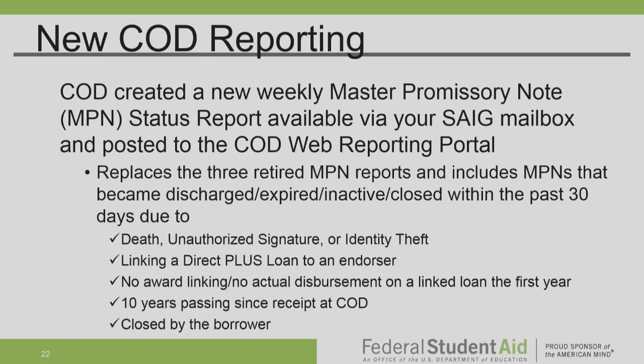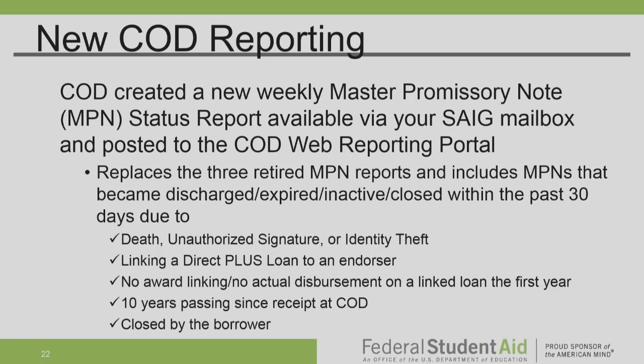Death or unauthorized signatures or identity theft, linking a direct plus loan to an endorser, that makes that MPN a single loan MPN, and it goes inactive when we link that to an endorsed direct loan. No award linking, no actual disbursement on a linked loan in the first year.